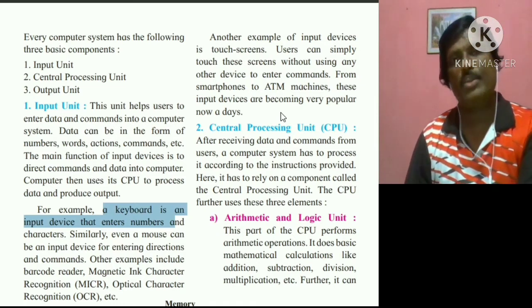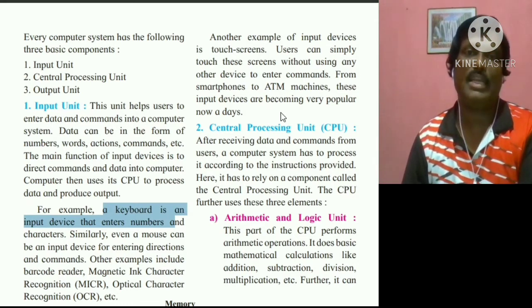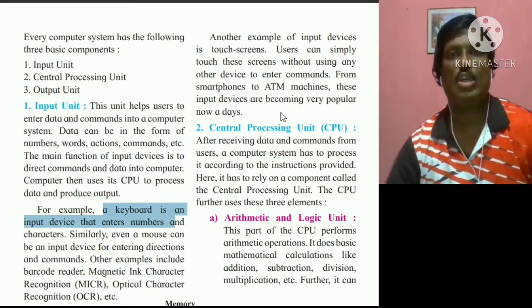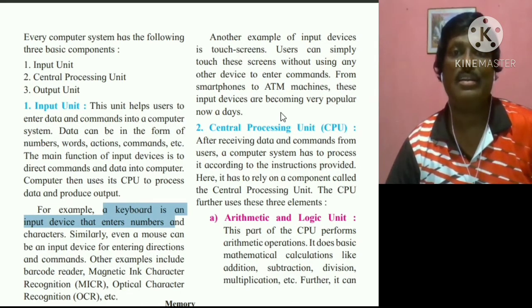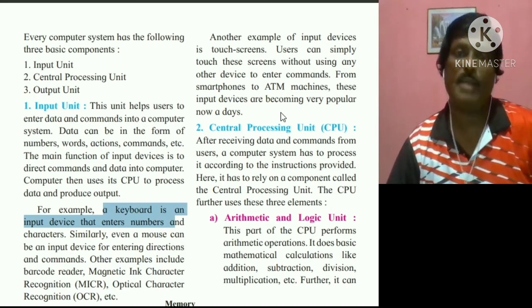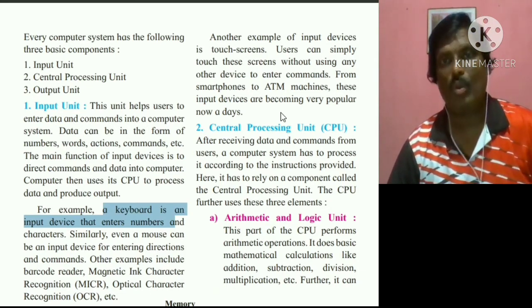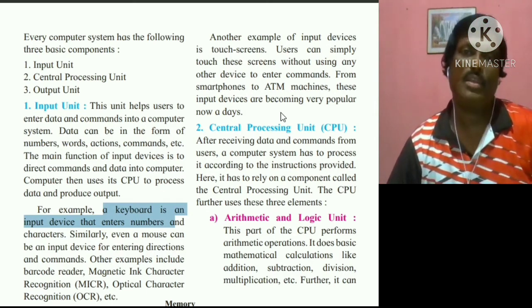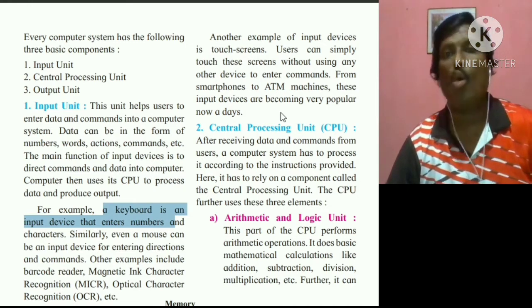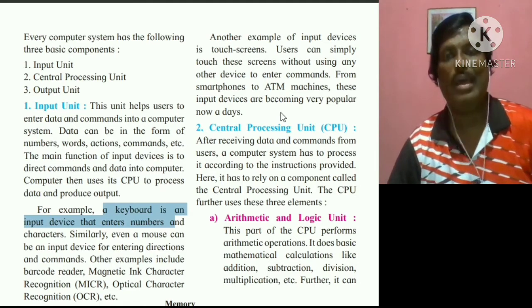Now when you are doing your study, at that time you are using one of the input device, that is smartphone. Your smartphone is having touch screen. So when you are touching on this smartphone, you will get the data. Okay. Then you will open the things which you want. So that is what it is called as user input.